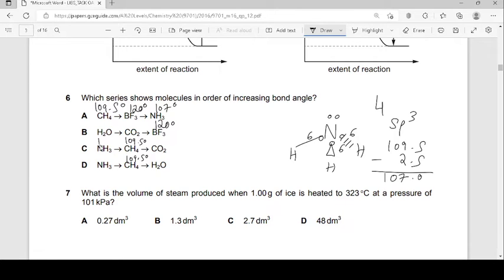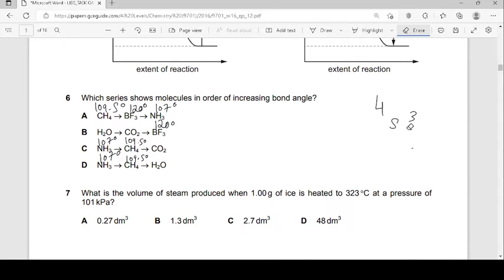Do you have any other NH3s? Yes, I'm going to label these as well. So for NH3, you have a bond angle of 107. Next, I have H2O over here. If I just draw it out, it's like this. By the way, the shapes: CH4 is tetrahedral, NH3 is pyramidal.